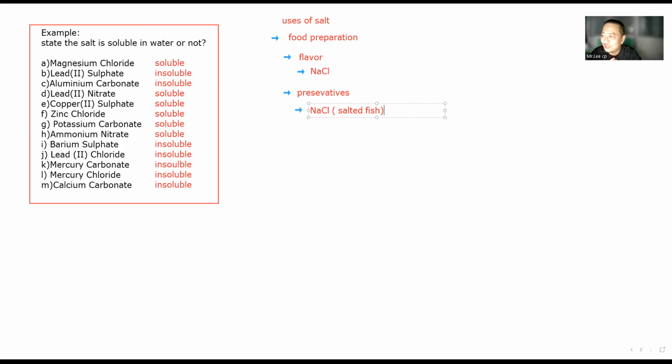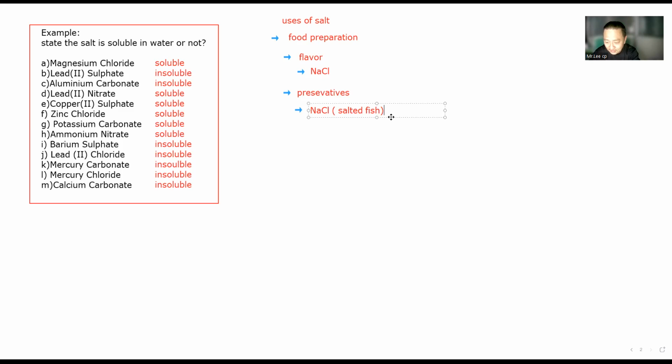Your fish you cannot finish eating, you tangkap banyak, you beli banyak, and you don't have a refrigerator, so you apply some salt into the salted fish so that it can tahan longer. After 1 month, 2 months, 5 months, still can eat, right?